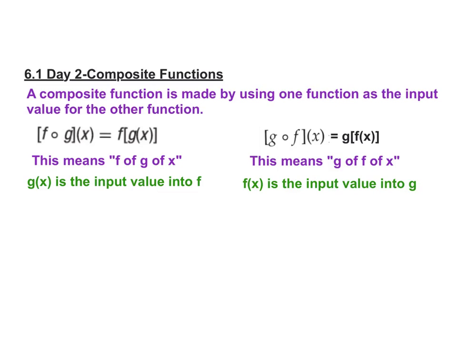So you're plugging the function f of x into the variable locations of g. So you notice the difference in the notation. Which one gets plugged in? The one that gets plugged in is the one on the inside of the brackets, or the second function name, the one that follows the open circle. That's how you know which is the input value.